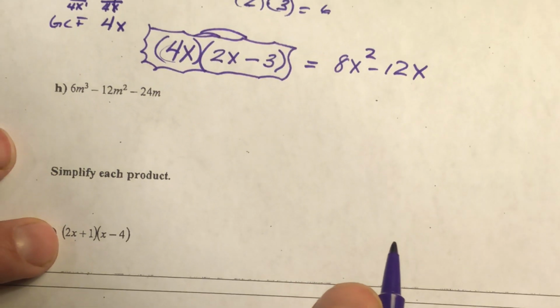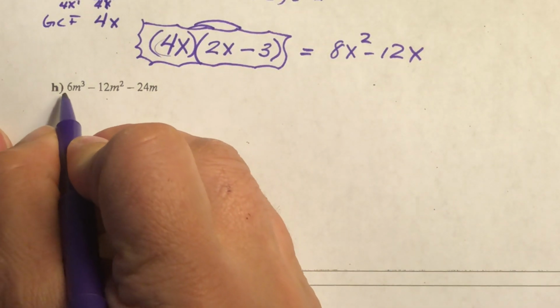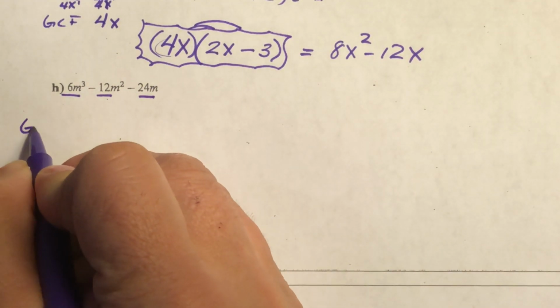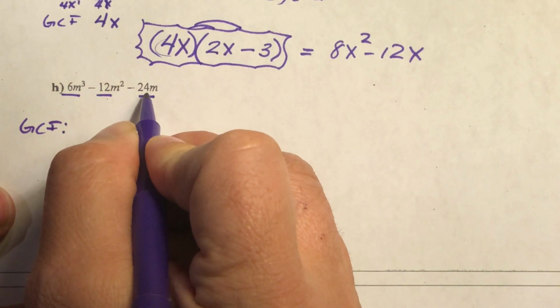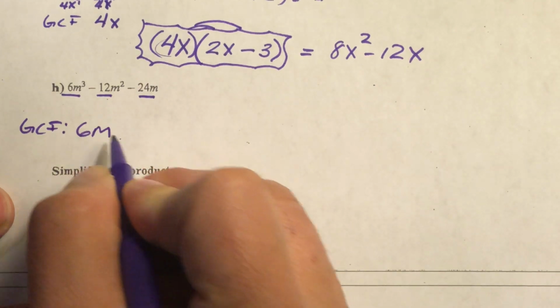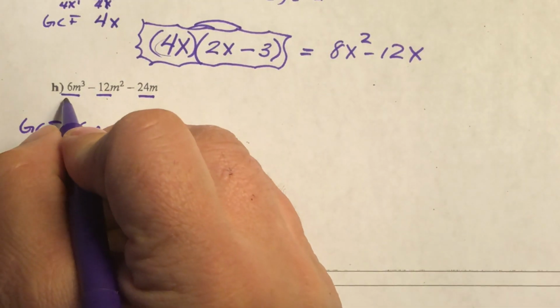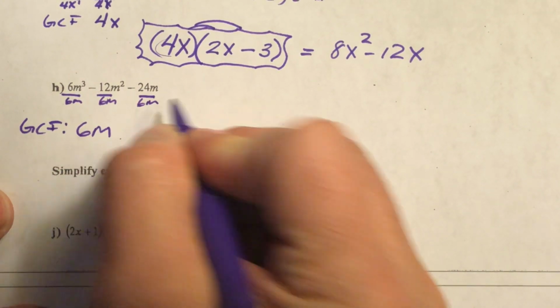Okay, let's look at H. So here we go. Let's look at all 3 of these and figure out what the GCF is, if they have one. 6, 12, and 24, they all have a GCF of 6, and they all have an m. So my GCF is 6m. I'm going to take each one of these and divide it by 6m.